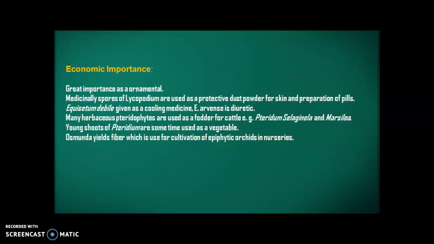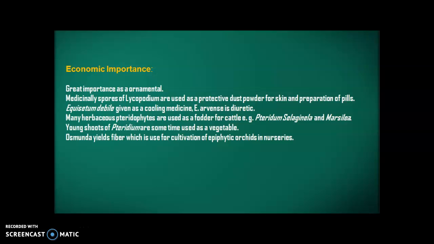Equisetum debile is a cooling medicine, whereas Equisetum arvense is a diuretic in nature. Many herbaceous pteridophytes are used as fodder for cattle. For example, Pteridium, Selaginella and Marsilea are mostly used as fodder for cattle.